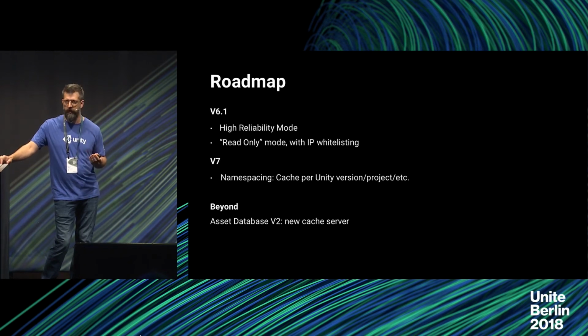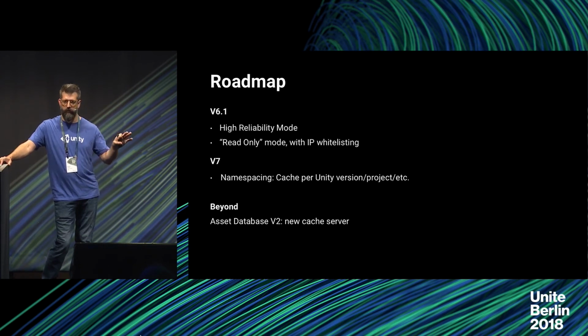Basically, the new asset database will be on-demand importing, so it won't require all of your assets to be imported at startup. And the other big thing about it is it's much more robust with dependencies. So dependency calculations and declarations are very robust. So anyway, for all those reasons, there's a new cache server that will come along with that.